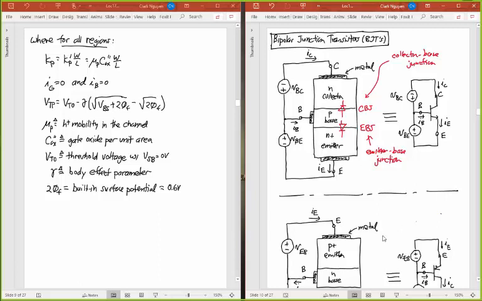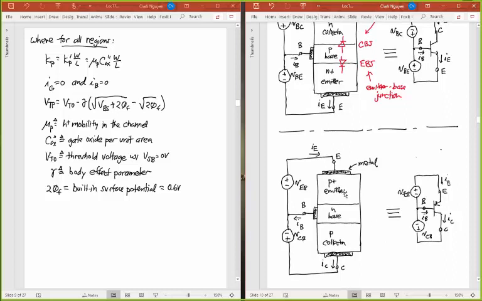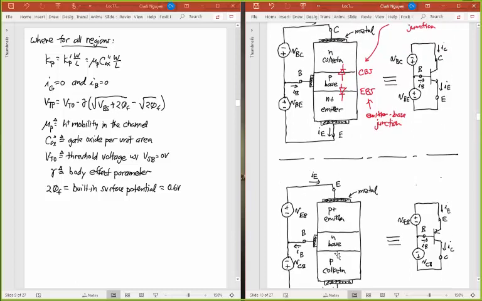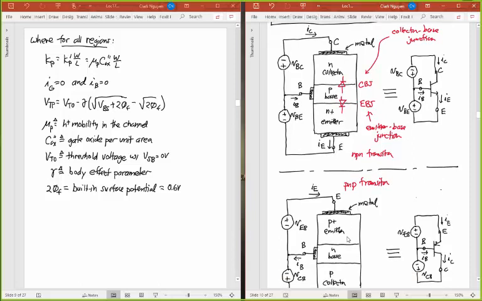I could do the same thing down here. So if I scooch down here, and if I put a P plus, N, and P, now I have what's called a PNP device. And so up here, this is an NPN transistor. Down here, just because of the materials that I'm putting together, that's a PNP transistor.